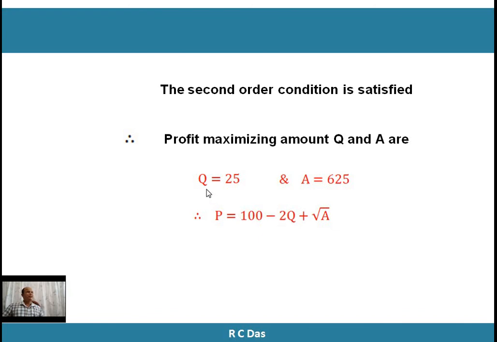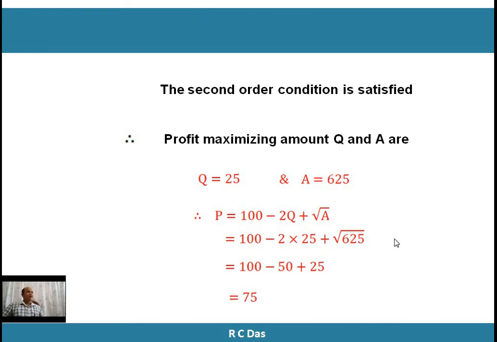Here we put the values of q and a, so that is 100 minus 2 multiplied by 25 plus root 625. 2 multiplied by 25 is 50, and root of 625 is 25, so the value is 75.